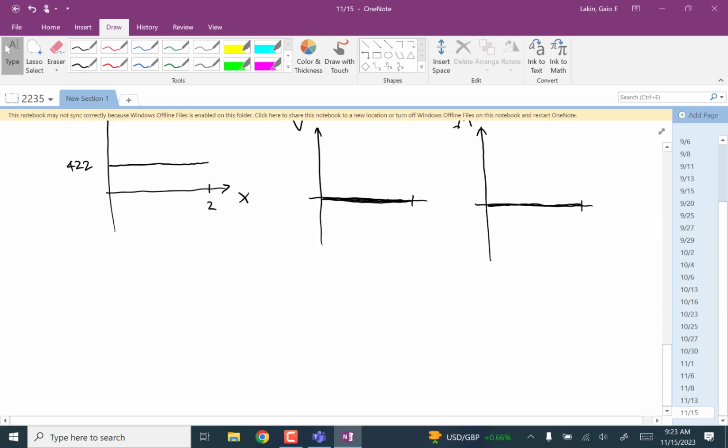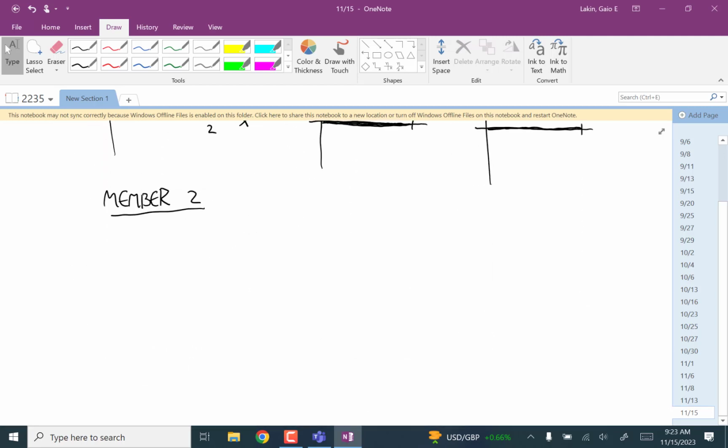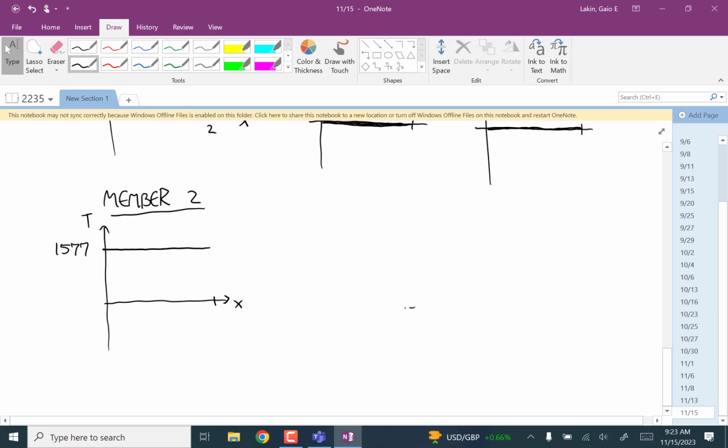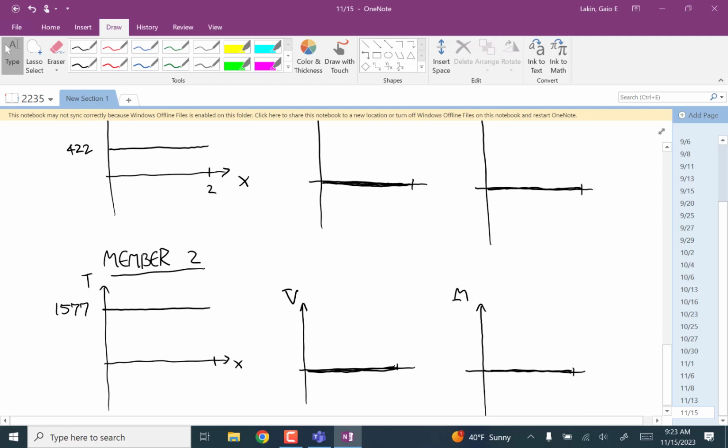Okay. And for member 2, we're at 1577, and then these two are 0. I'm just drawing these so we can compare all these diagrams after we do the next part. Okay, so these members are both in tension.